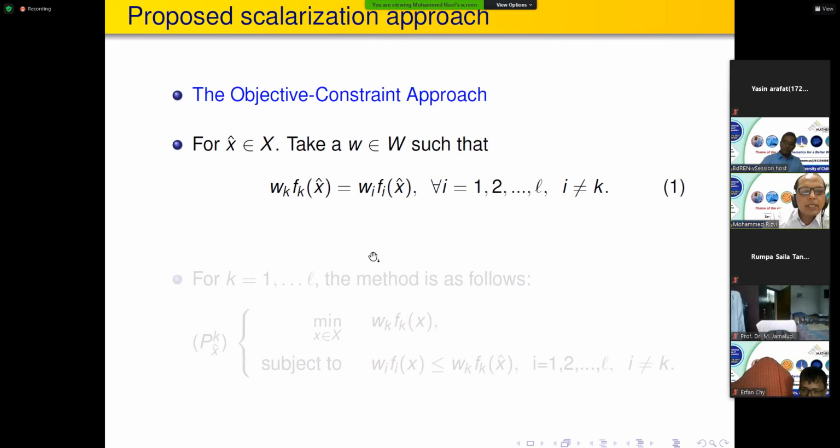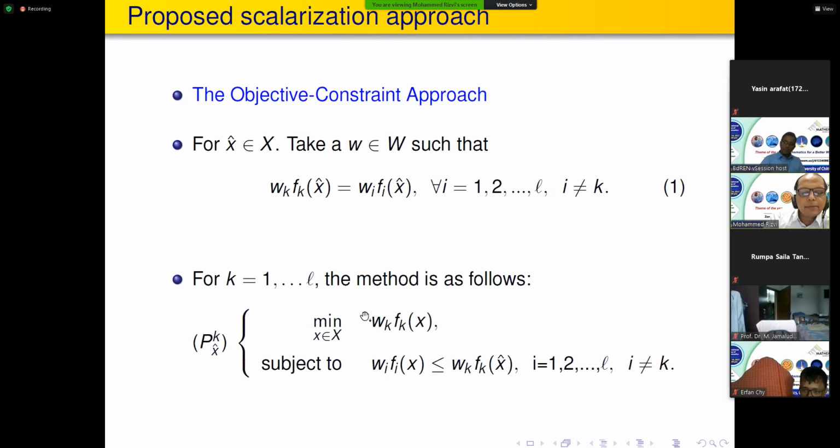So what we did here, again, is consider one objective function as the objective, and force the other objective function into the constraints. When you force the other objective function into the constraints, the right-hand side, because you choose this X set before the algorithms, before preparing these auxiliary problems, would definitely be constant terms.